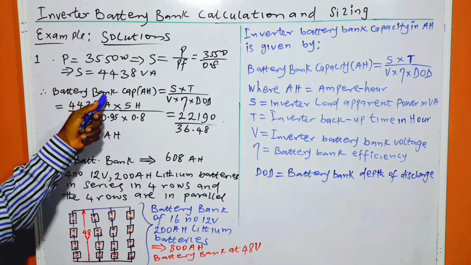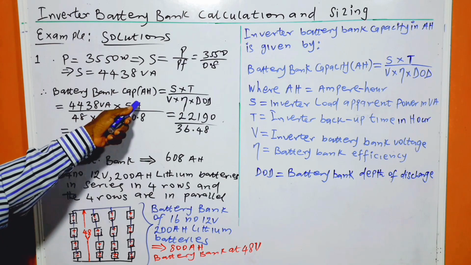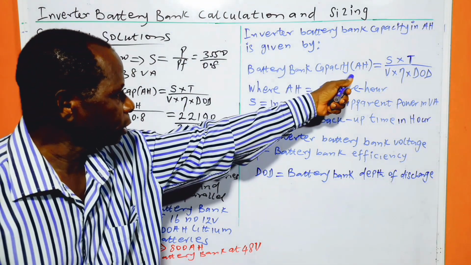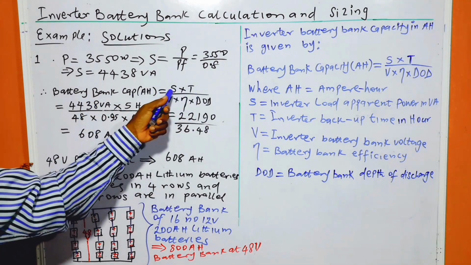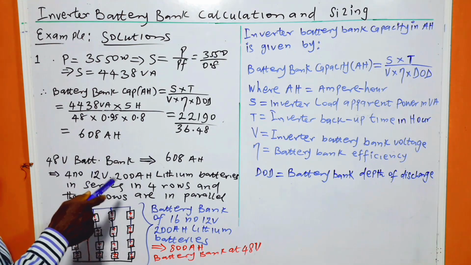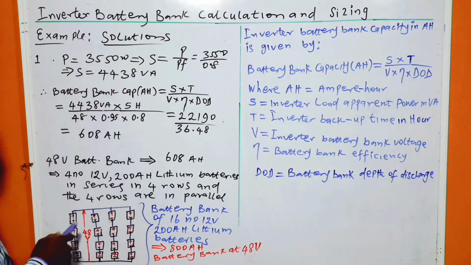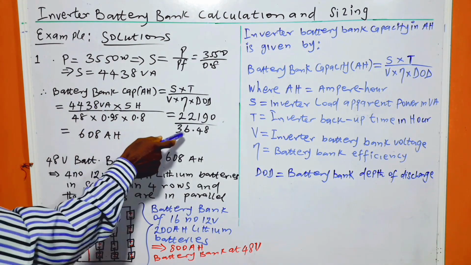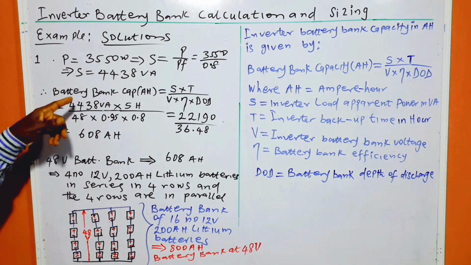Now we have the battery bank capacity in ampere hour according to this formula to be S times T. S is the apparent power, T is the backup time in hours, which is 5, and eventually this is the result.